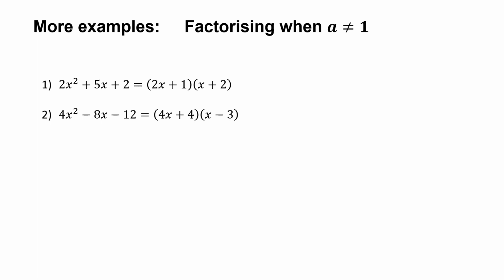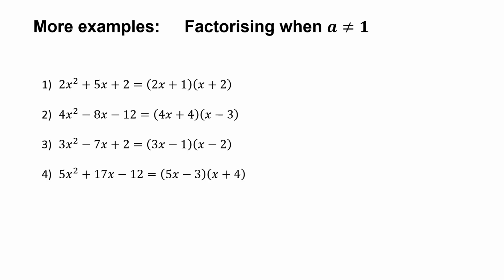When we factorize this, we're going to get 4x plus 4 times x minus 3. We have 3x squared minus 7x plus 2. This factorized is 3x minus 1 times x minus 2. And the last one we have is 5x squared plus 17x minus 12. And this factorized is 5x minus 3 times x plus 4.